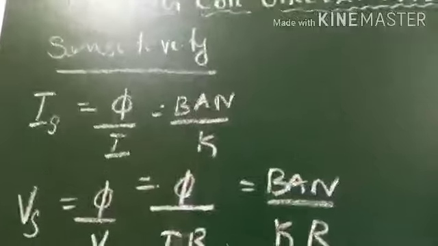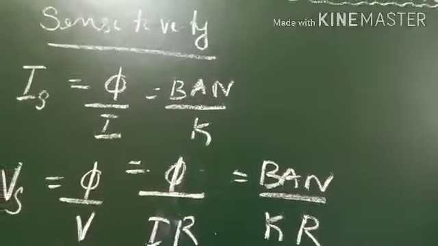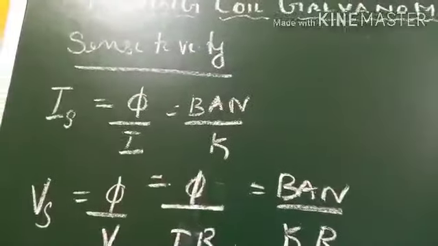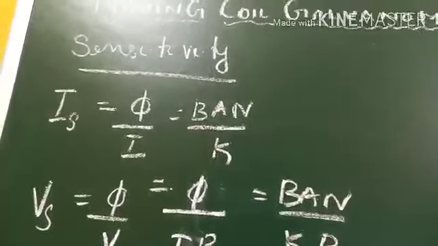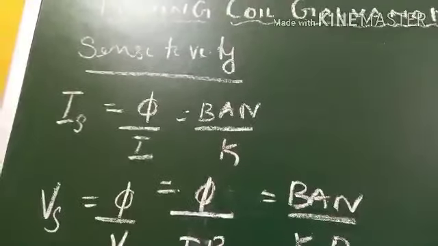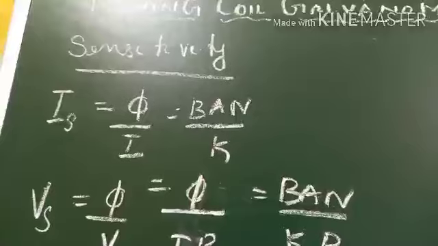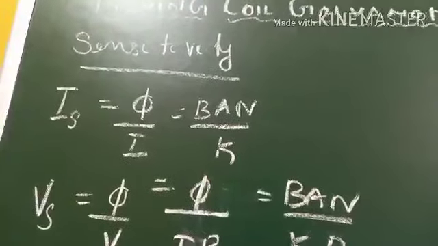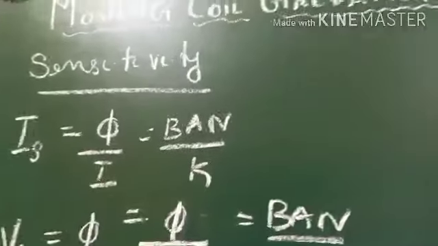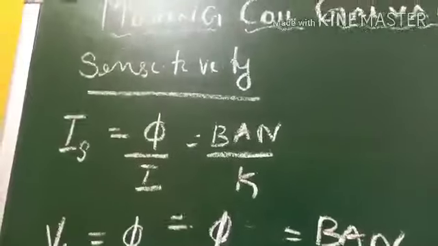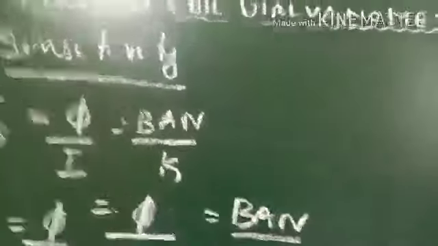Now coming to the sensitivity of the galvanometer. When can we say that a galvanometer is more sensitive? It is sensitive if it shows large deflection even for a small current. Two terms we have to introduce here. First is current sensitivity, represented by Is.